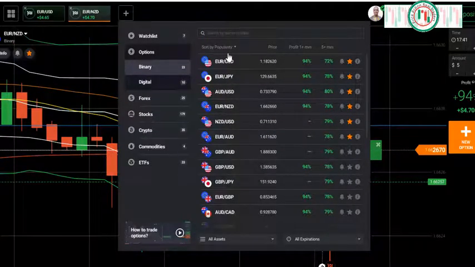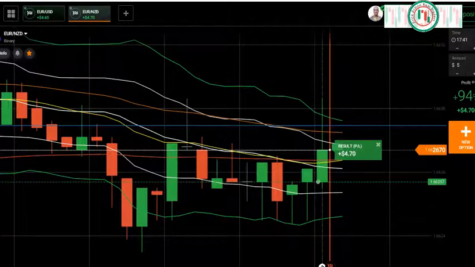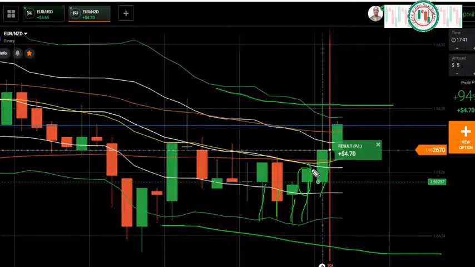Let me explain. Here you can see a ranging market. You see rejection, rejection, rejection. I was expecting this candle to be red, then the next candle green, but this candle is still green, but it's a reversal pattern or continuation of this reversal.